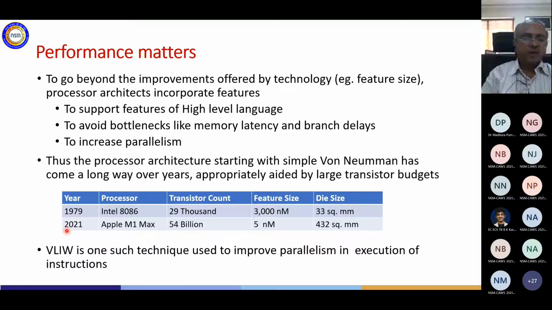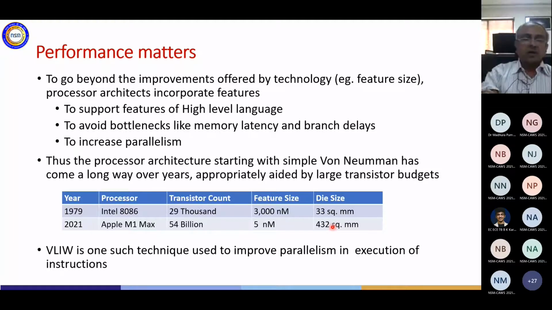Fast forward to 2021. One of the latest chips is the Apple M1 Max. It has 54 billion transistors. Okay, so 1000 has 3 zeros, billion has 9 zeros. So a 6 order increase. That's phenomenal. And the feature size reduced from 3000 to 5. That means the smallest line drawn on silicon using P or N type material is as thin as 5 nanometer, and the size has also appropriately increased.